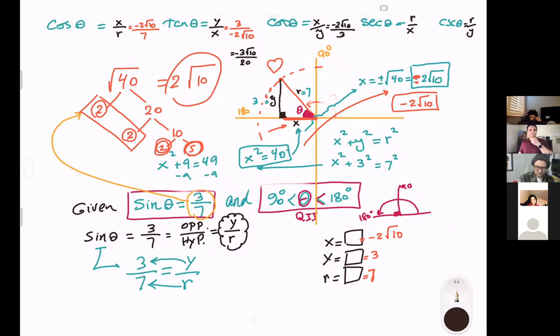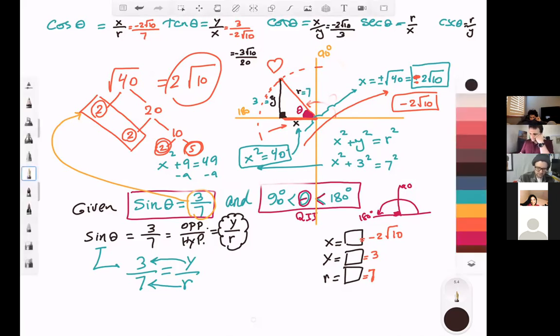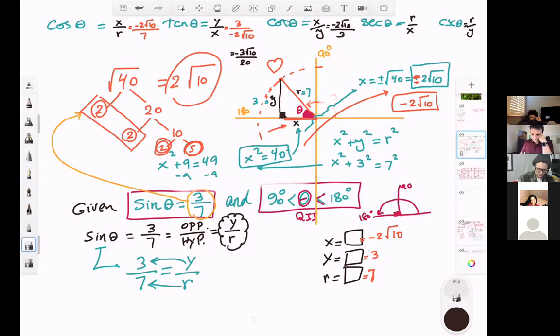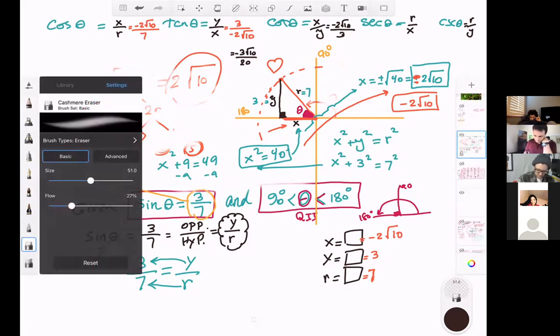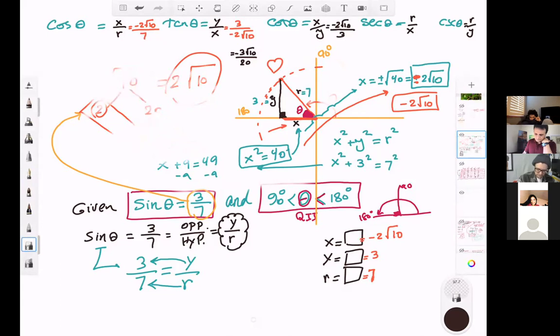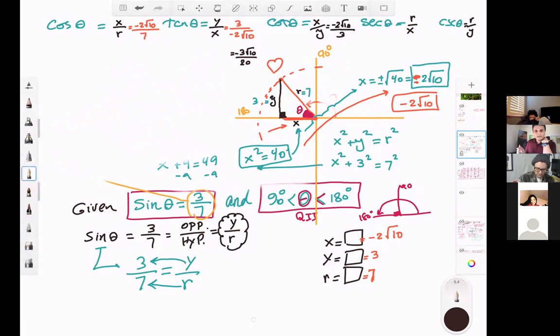Professor, to get rid of the negative 20 on the denominator, do you just move the negative sign to the numerator? Yes. Okay. Something about what Elizabeth said: if we have negative a over b, you can write this one as negative a over b, or you can write this one as a over negative b.